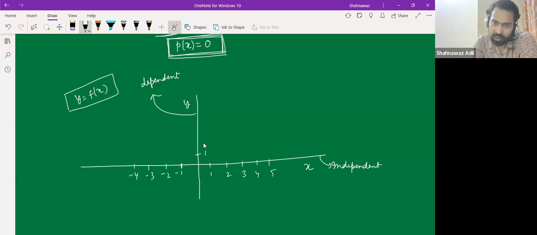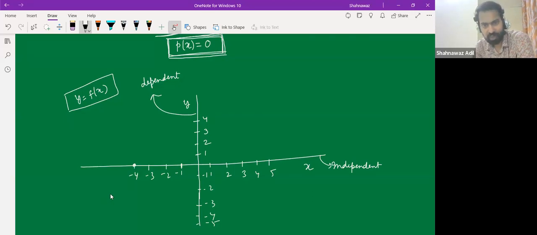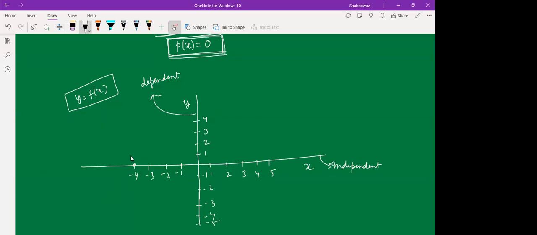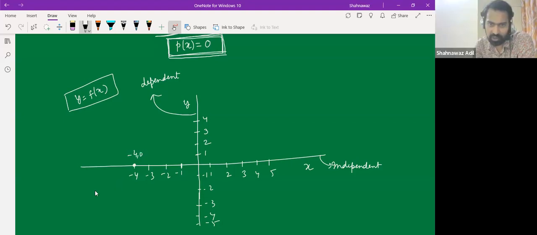This is 1, this is 2, this is 3, 4, and -1, -2, -3, -4, -5. Can you guys tell me what are the coordinates of this point? That's -4 comma 0. Right, absolutely correct. And what is the coordinate of this point?